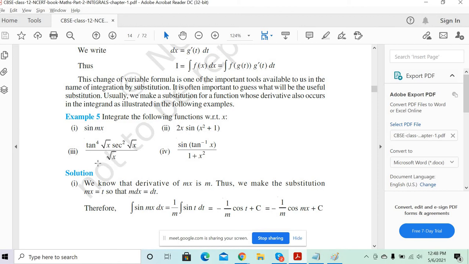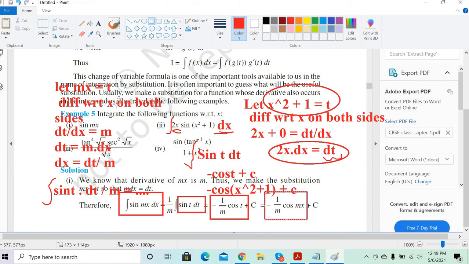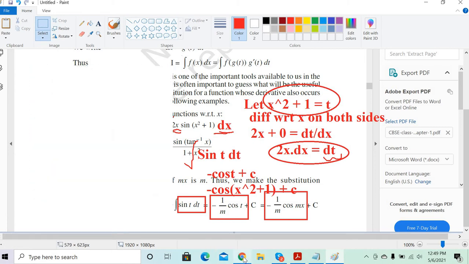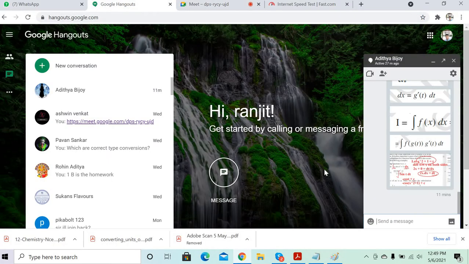And if you don't understand, let me know, I'll explain it to you then. Let's stop sharing. I'll send the working to you so that you can check.